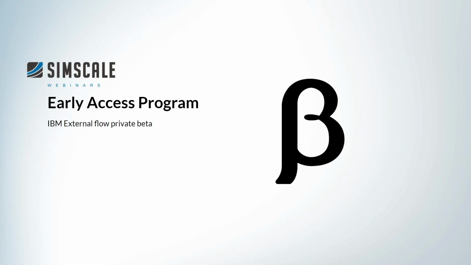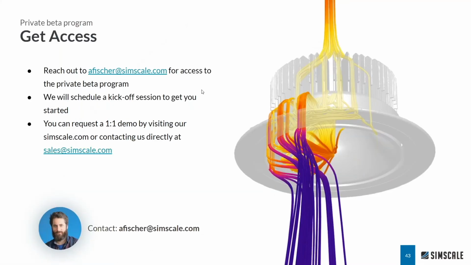That's why we decided to have an early access program on this. So a private beta for the external flow, and likely shortly after also for the internal flow prototype. How this will work is at the first point, simply reach out to me. My contact is available here. So you reach me under rfischer@simscale.com if you really want to have access.